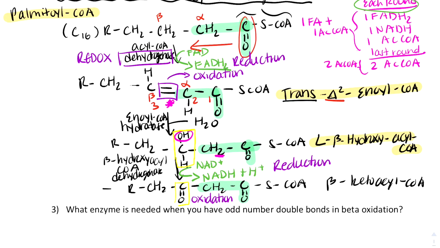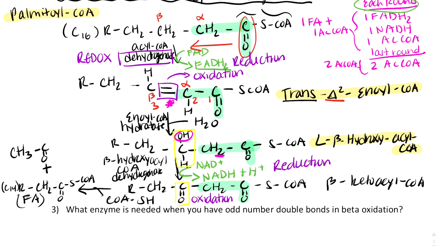And this is called beta-ketoacyl-CoA. Now, in the final step, we add our coenzyme A with a thioester bond, and that gives us our fatty acid cleavage. So this right here is our fatty acid. But now we have an addition of the acetyl-CoA.